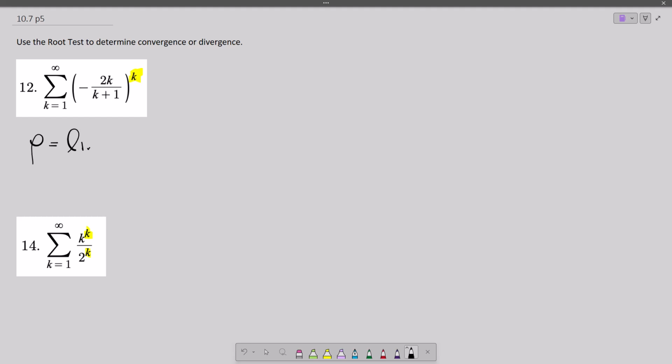So we're going to take the limit as k goes to infinity of the kth root of the absolute value of a sub k. So once again, absolute value. The effect here is that this kth root and this kth power undo each other. So we're going to be left with the limit as k goes to infinity of 2k over k plus 1.